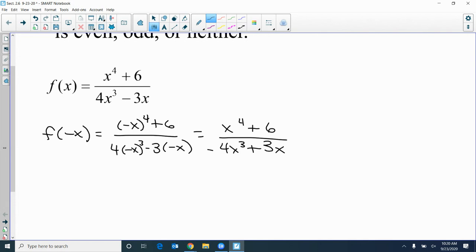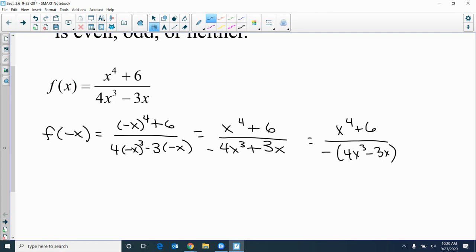But we have to take a closer look at the denominator. If I factor out a negative, and I put that right there, it becomes -4x cubed minus 3x. Well, that's the original, right? With a negative in front. So this would just be like 1 over -2, where I can take that negative in the denominator and put it out in front of the whole thing.